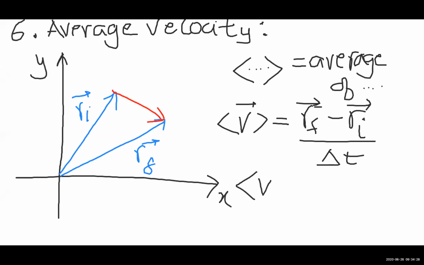But this is equal to displacement upon delta t. Right? So this is the definition of average velocity.